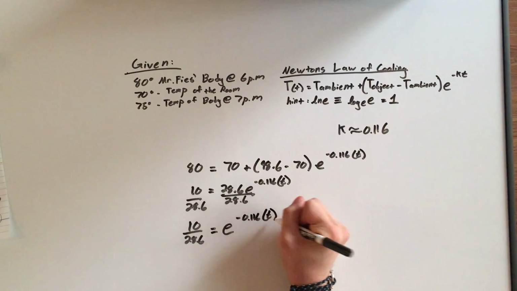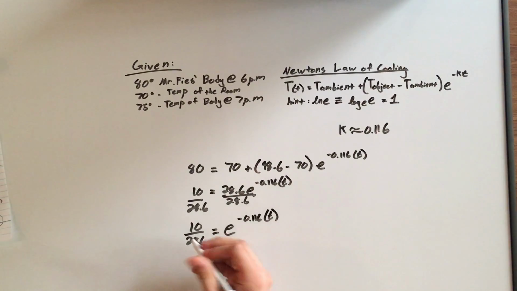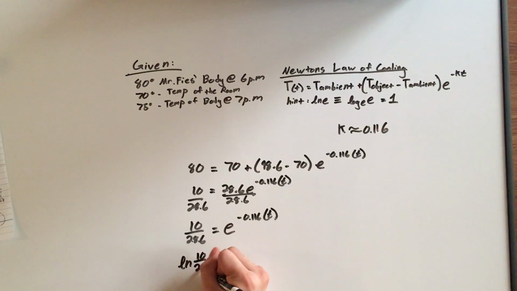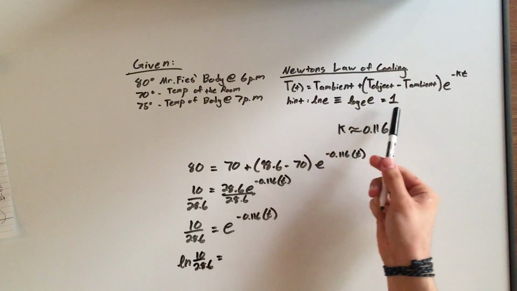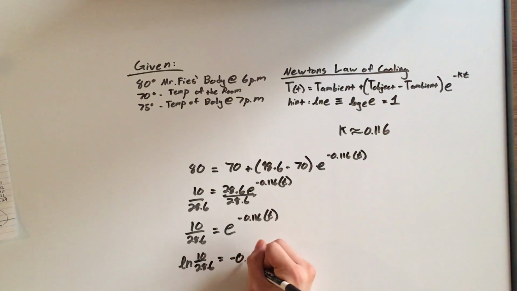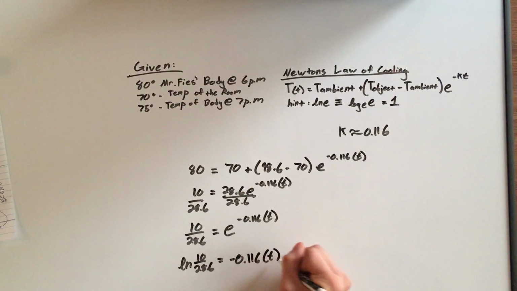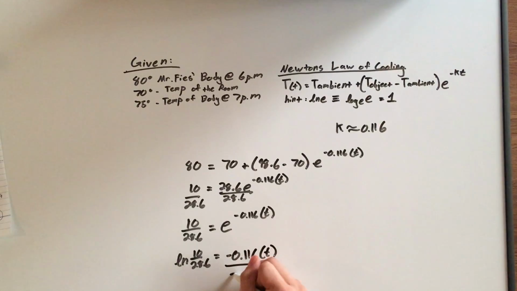So we're going to do what we did last time and take the ln of both sides. Again, like we stated before, the ln cancels e and makes it 1, giving us negative 0.116 times t. All we have to do now is divide.